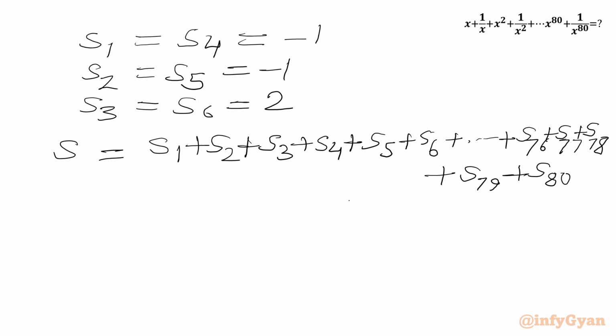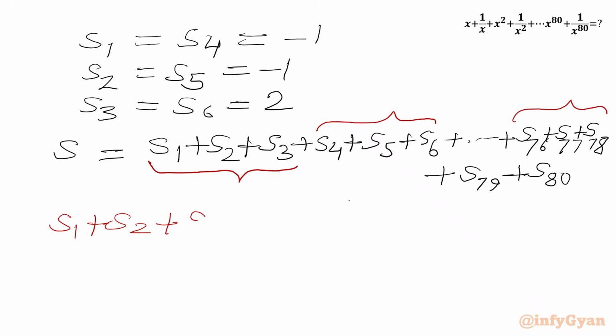Now we have a cycle of 3. So let us find the sum of one cycle: S1 plus S2 plus S3, or S4 plus S5 plus S6, or S76 plus S77 plus S78. So the sum of one cycle will be equal to minus 1 minus 1 plus 2. So the value is equal to 0. So here we are going to put 0, 0, 0.